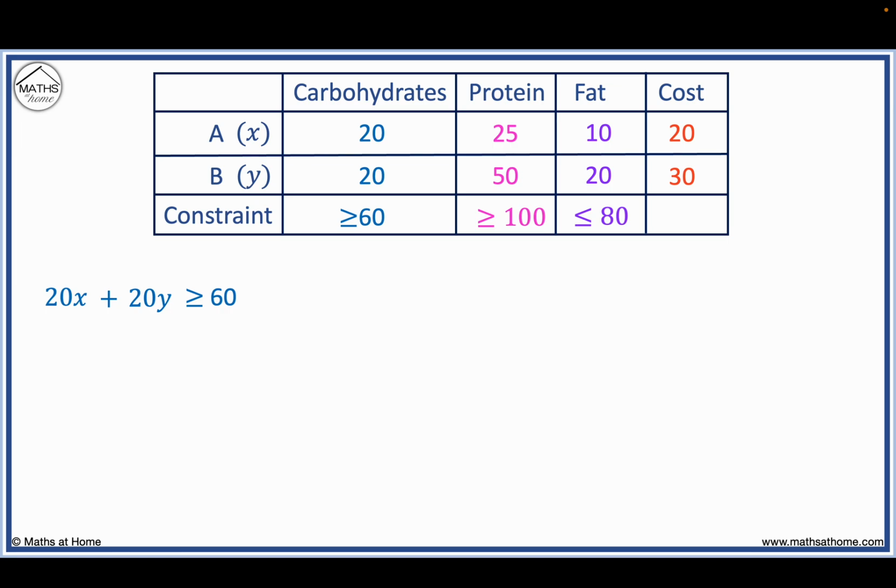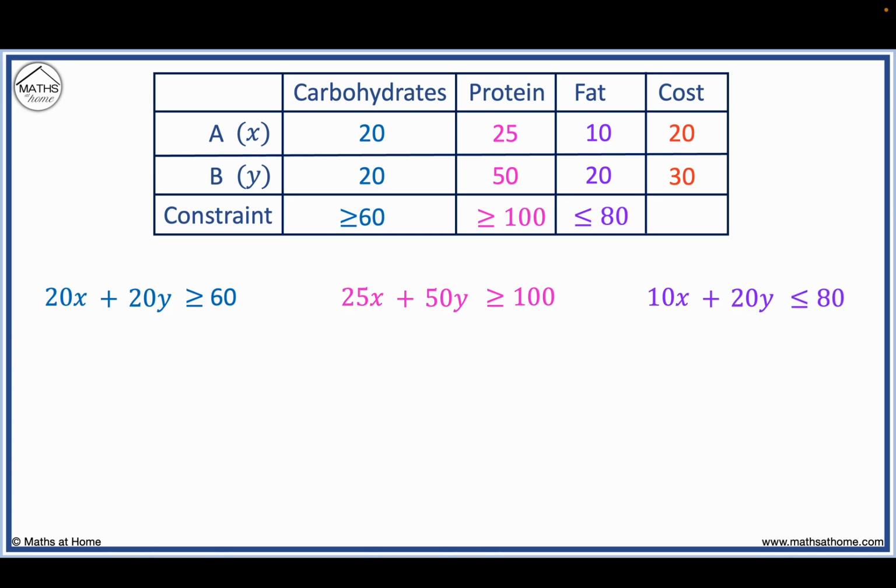For protein, we have 25X plus 50Y is greater than or equal to 100. For fat, we have 10X plus 20Y is less than or equal to 80.